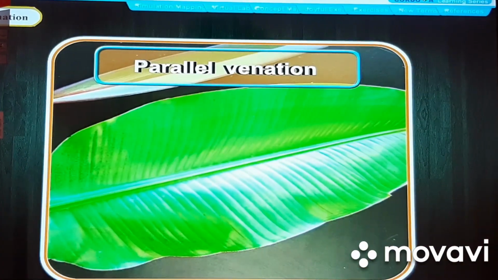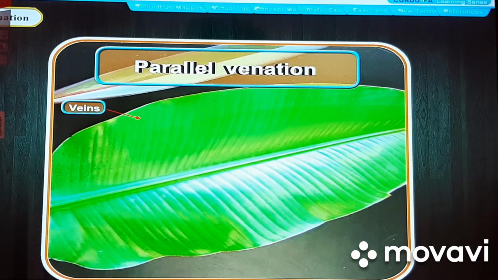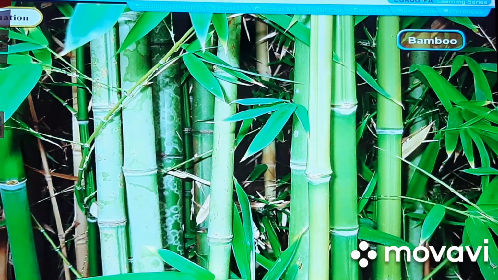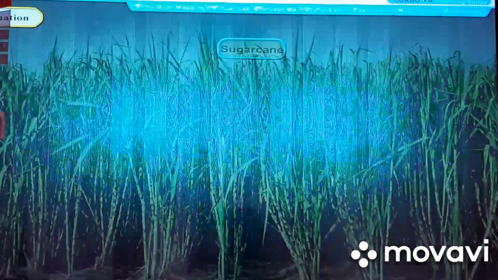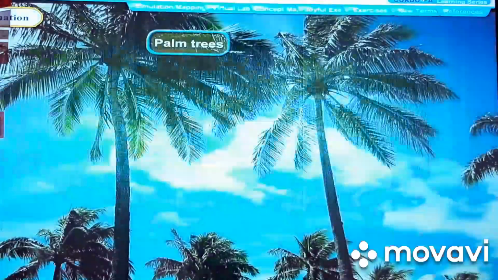Parallel venation. If the veins run parallel to the major midrib and parallel to each other, the venation is known as parallel venation. This is commonly seen in the leaves of the bamboo, banana, sugarcane, and palm trees.